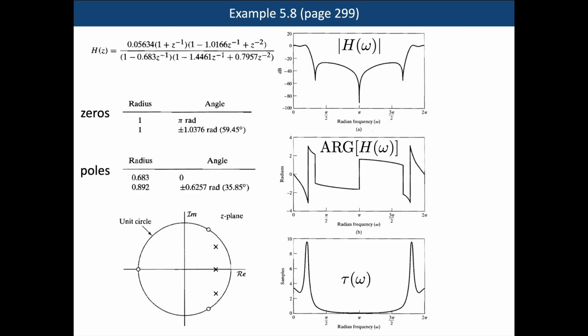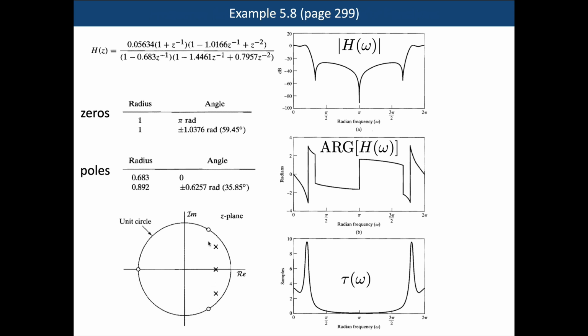Now, what we've looked at so far is the response due to individual zeros and poles. But you can imagine putting these things together as cascades of poles and zeros, and then getting the combined responses. So in this example, the pole zero plot appears at the bottom of the page.